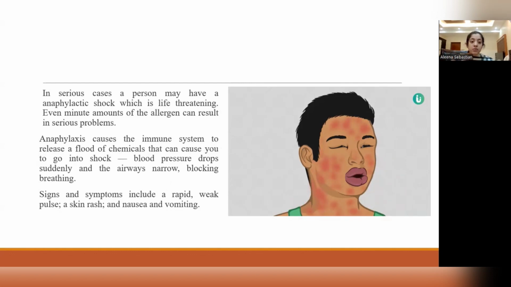The symptoms are that the pulse becomes rapid and weak, and there can be skin rashes as you can see in this picture, nausea, vomiting, etc. The blood pressure drops and the airways become narrow, blocking the breathing. So this is what is meant by anaphylaxis. It's actually a life-threatening condition.